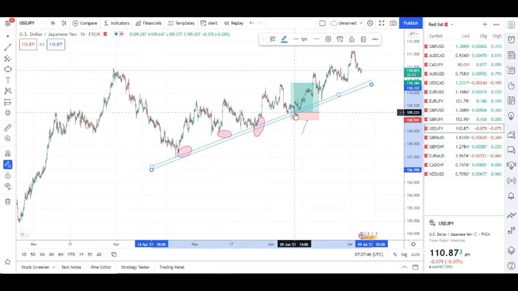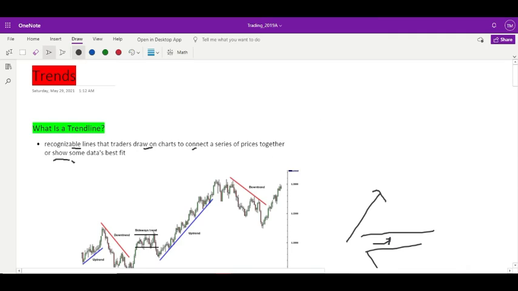So it will take more Japanese yen to buy one USD. We believe that USD will gain in value in the near future, so you need to go long. But if it breaks out, you don't need to buy, because you are now in a different area, right? You don't want to go against the trend, right?